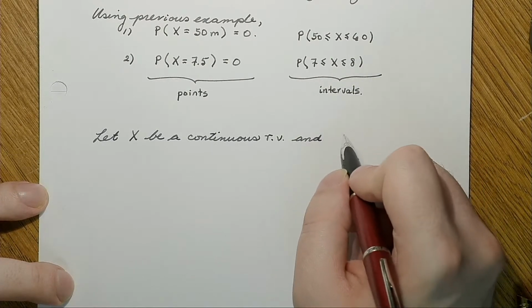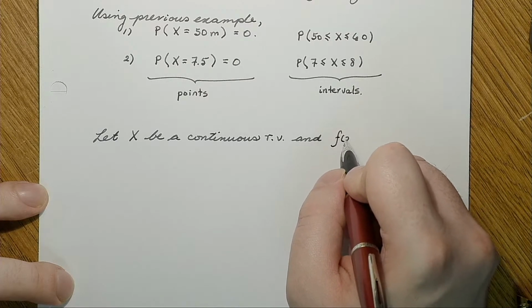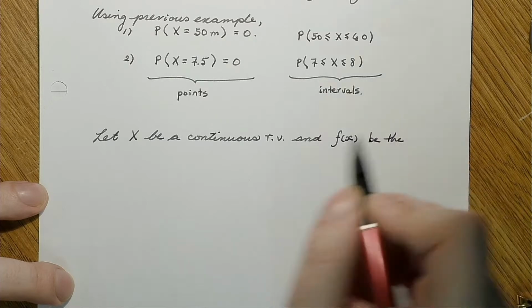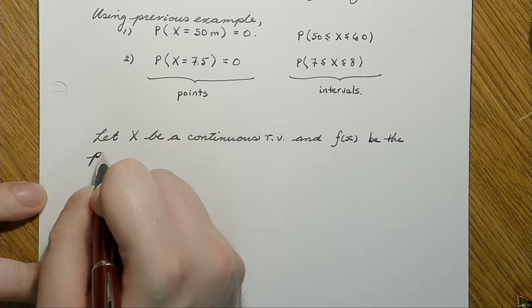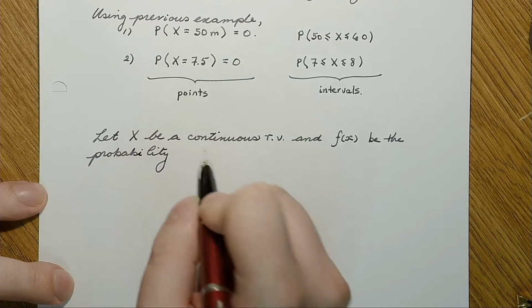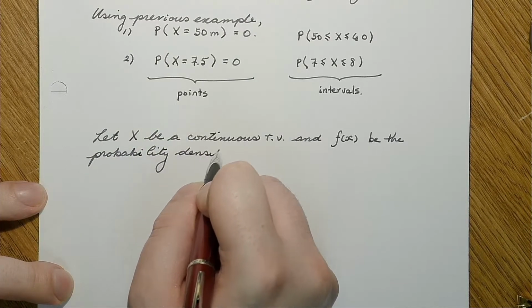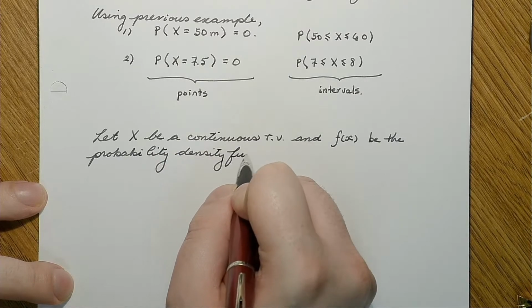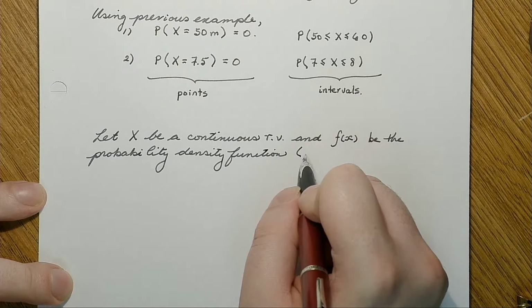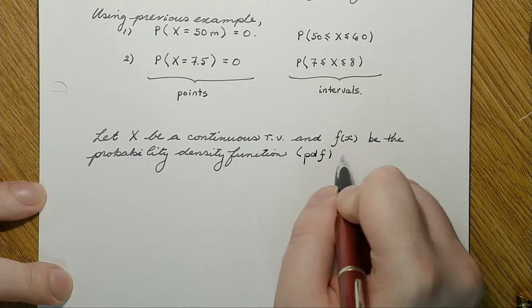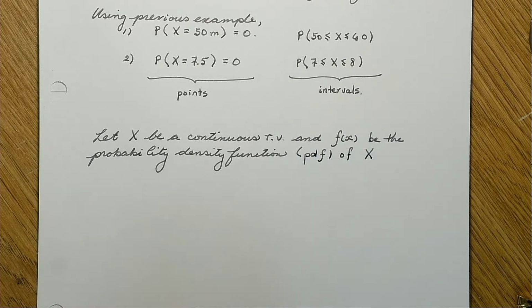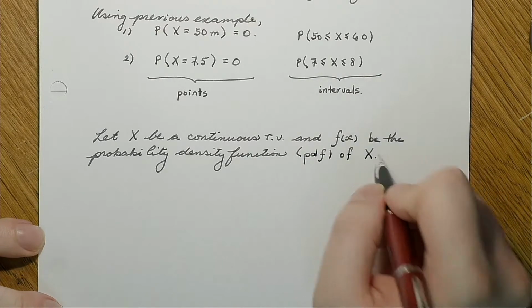We'll say f of x is the PDF, the probability density function, that's the PDF of x.